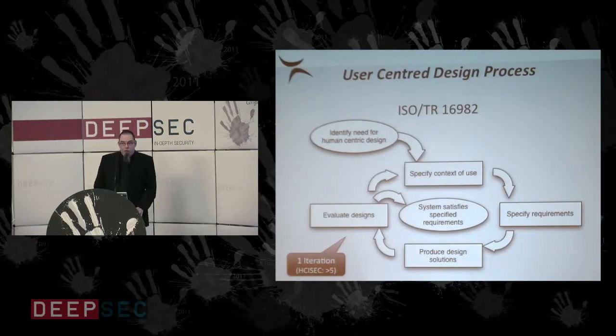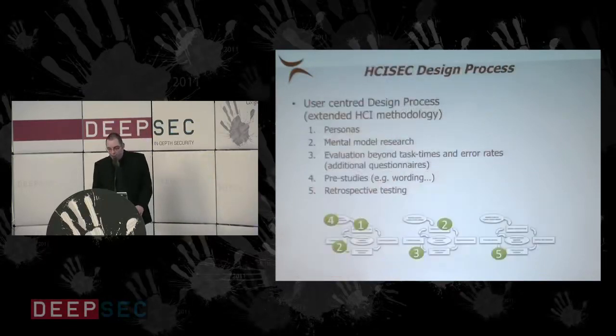Again, the ISO definition is, like the definition for usability, very abstract and does not really tell you how to concretely approach things. I only have 3 iterations on this slide now, but we suggest that to tackle these challenges, we apply a mix of classical HCI methodology like personas or retrospective testing, but we also add new research to it.